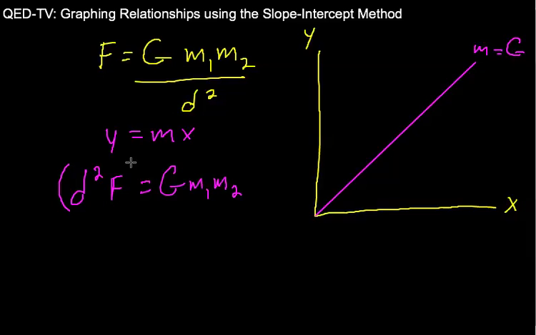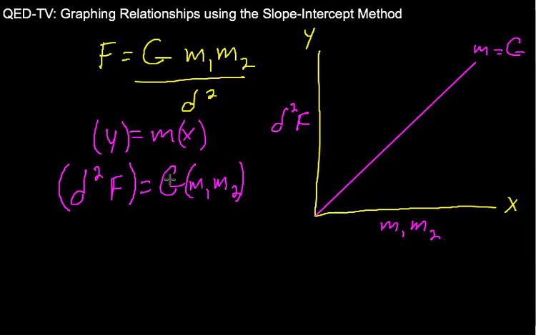We have this part here, which could be Y, and we have this part here, mass times mass, which could be X. And therefore, this would be a straight line if we graph d squared F on the Y, and the product of my masses on the X. Then the slope of this line is actually going to be G. So that's how we could do that. We could rearrange things and then graph something on Y and something on X, so that the slope ends up being what we want it to be.